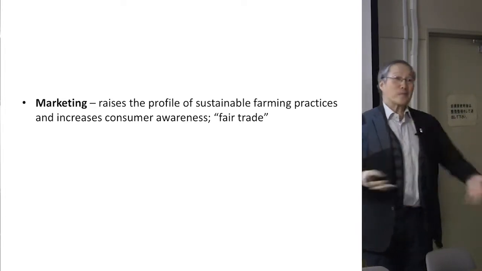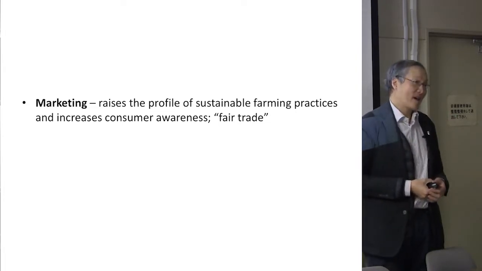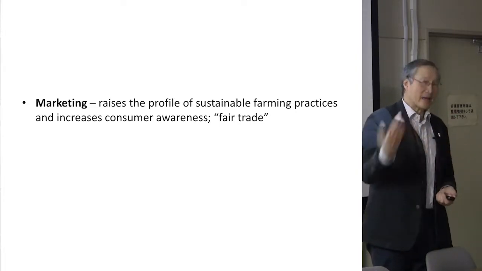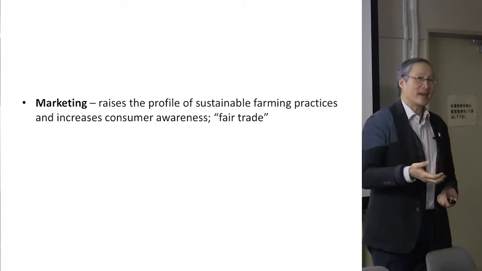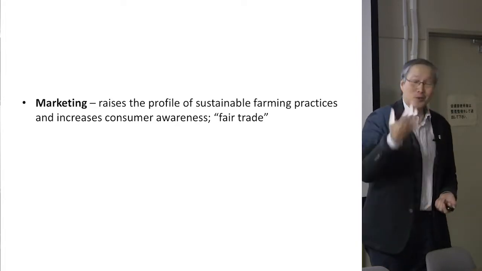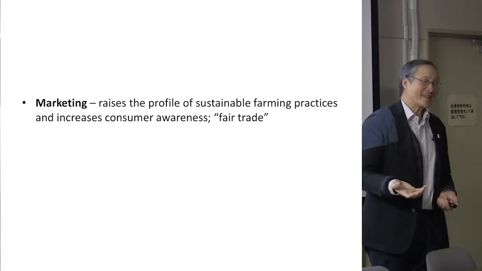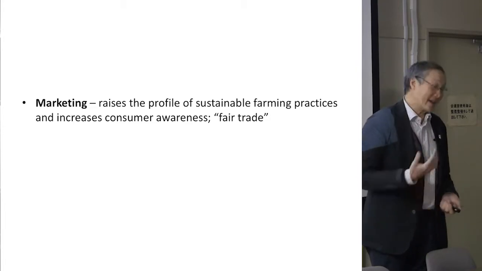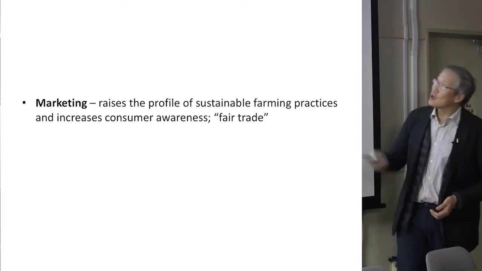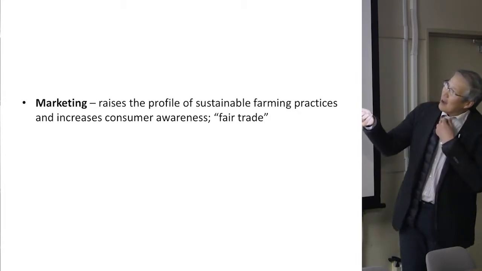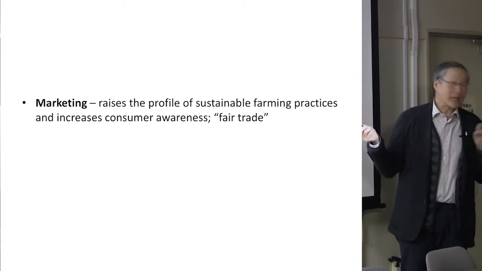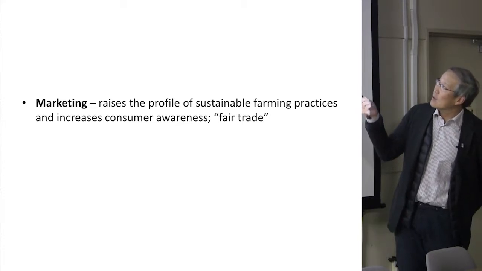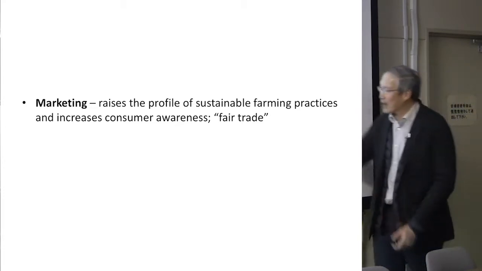So when the farm produces these products, they have to be sold in the market, but it should be at a good price. It should be at a price when the efforts of the farmers are rewarded appropriately. So this is what I said. Marketing is part of sustainability, and the word here is fair trade.